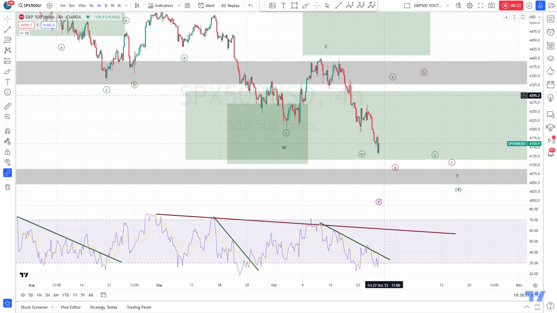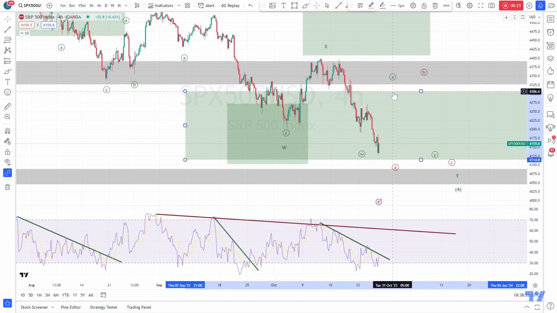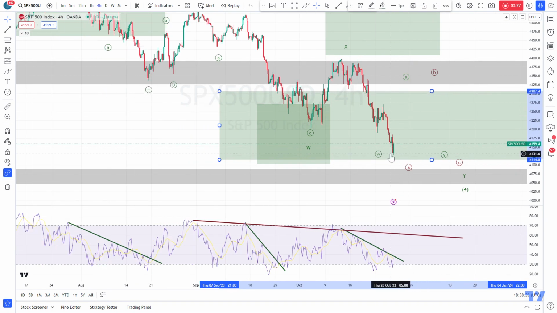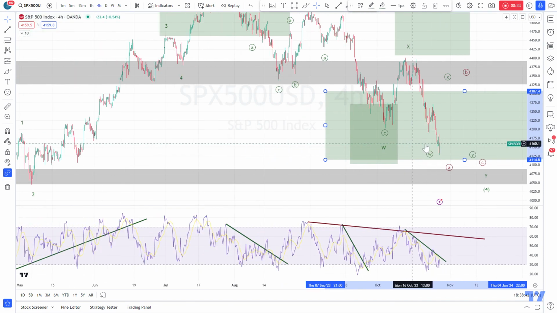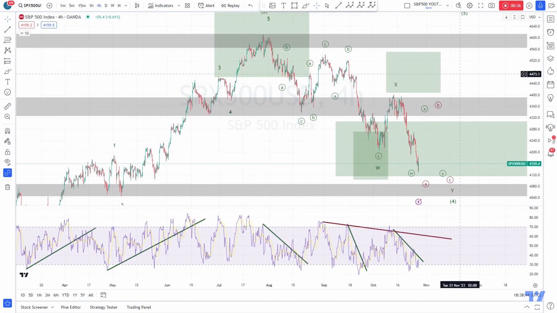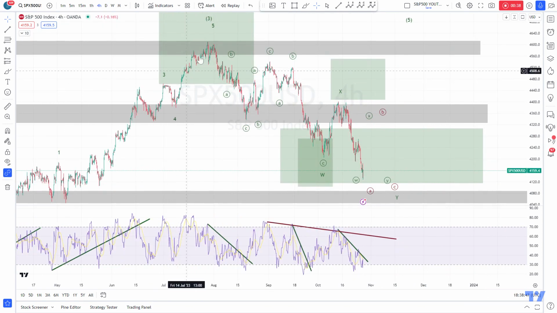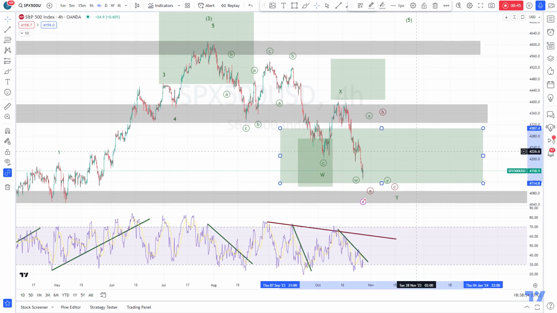An interesting observation here in the S&P 500 is that we kind of reached the lower boundary of the wave 4 area. We had a wave 3 here in the higher time frame. We came down, and this here is actually the wave 4 area, and we reached the lower boundary.